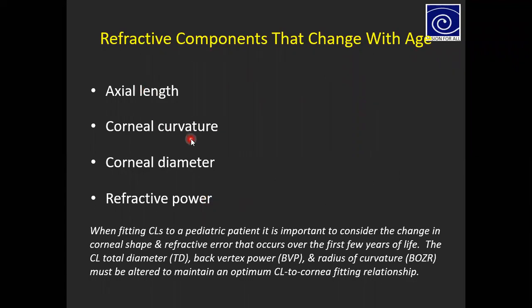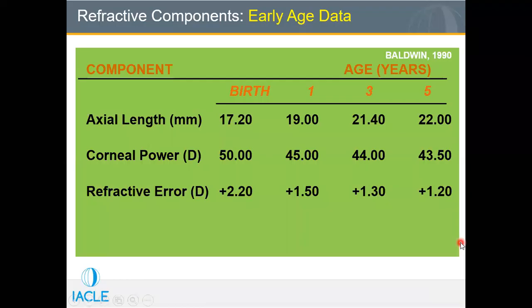Since the corneal curvature is very steep, you need a contact lens whose base curve is steep, and similarly the diameter would also be smaller than what we see in adult patients. So that was important to understand before understanding more about pediatric contact lenses.